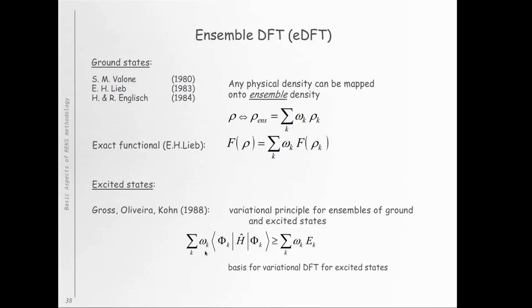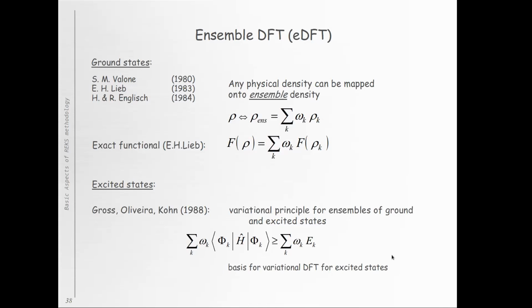In the sense that if we take some weighted sum of energies of several states, ground and several excited states, combine them into one ensemble with fixed weights, and variationally optimize it, then this average energy will always be above the average energy of the exact solutions of the Schrödinger equation. So this is the essence of the variational principle. If we take trial wave functions of whatever type, and freely optimize them, we'll never fall below the exact value.